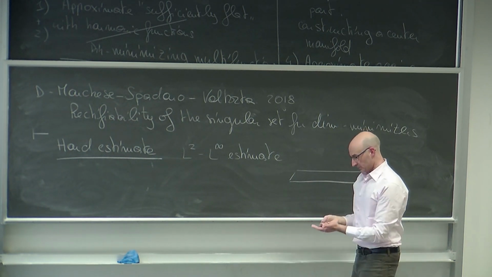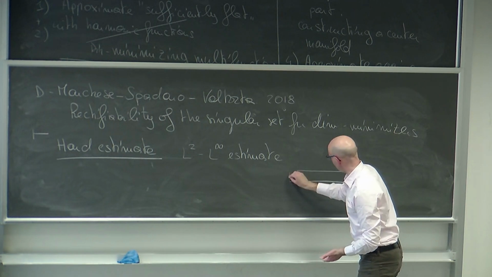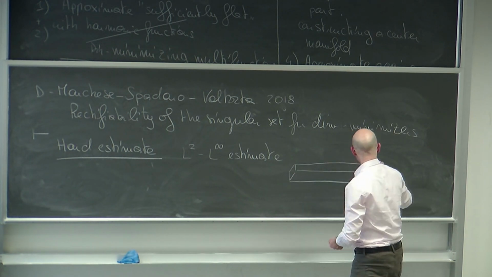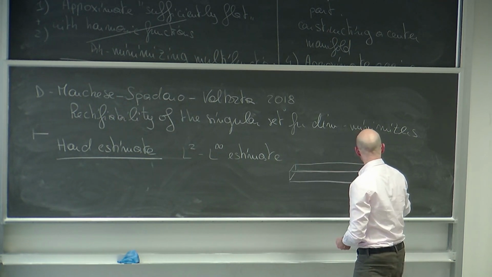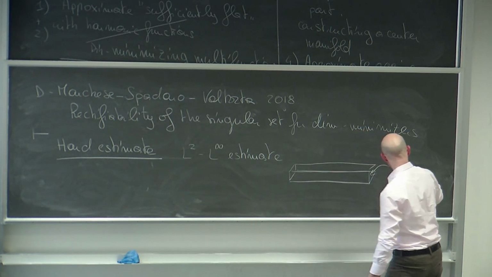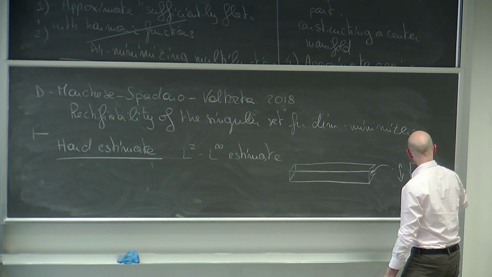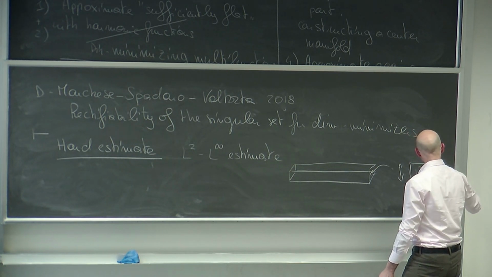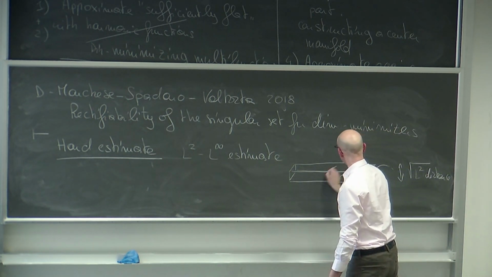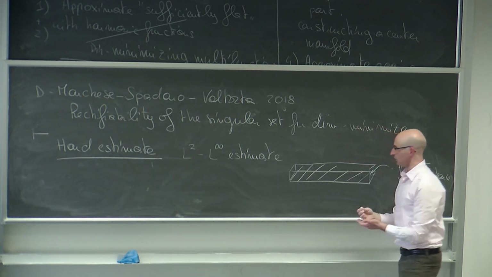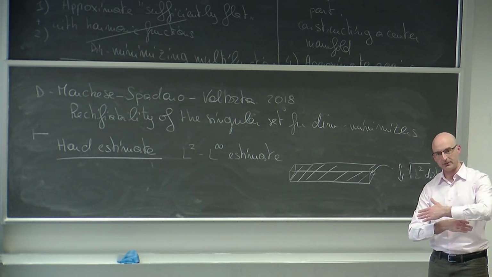Then this would be the usual L infinity estimate: there's a slab, whose width is the square root of the L2 distance, and your current is all sitting over here. So this would be a typical kind of L infinity L2 estimate for an elliptic PDE.